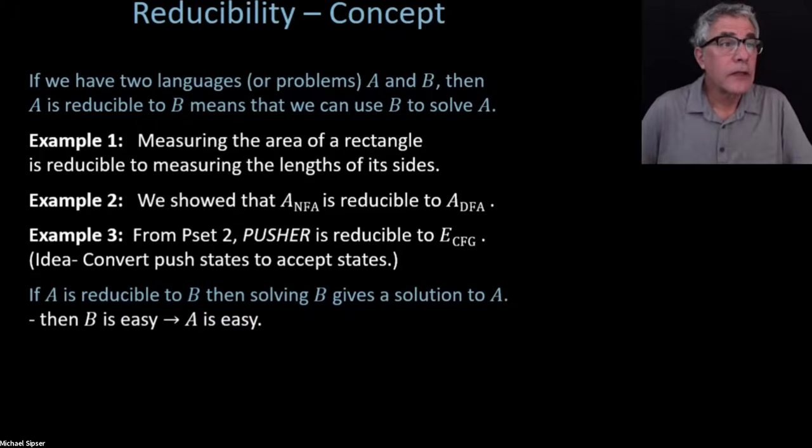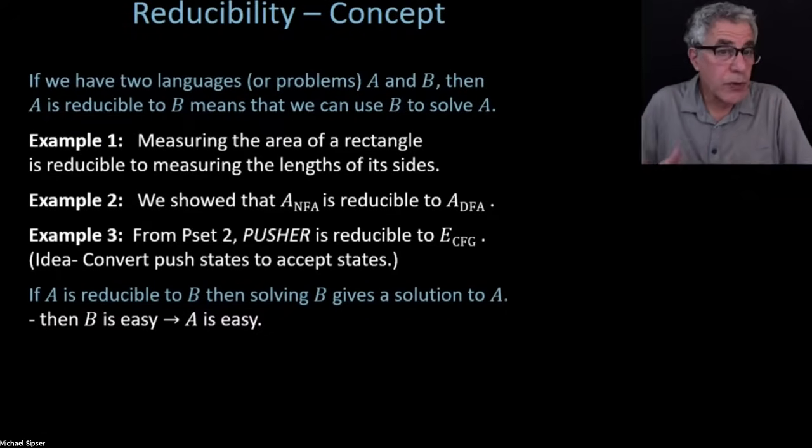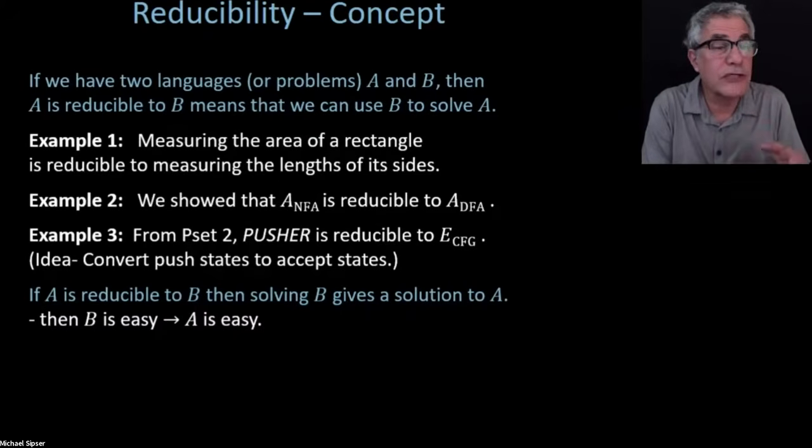One is to observe that if A is reducible to B, and B is an easy problem, then A must also be easy, because we have a way of converting A problems into B problems. We have a way of solving A using B. So if B is easy, then you can solve A easily too, because you can solve A using B, which is easy.